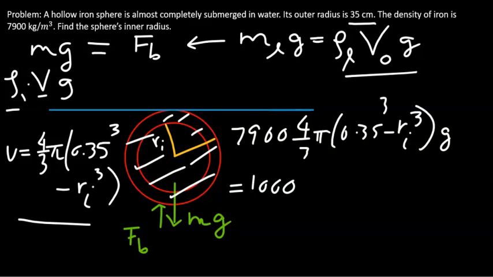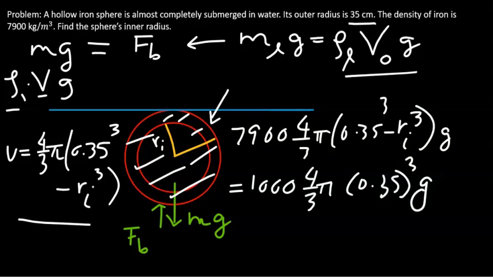V naught is the volume of that sphere as defined by the outer radius, so that is 4/3 pi 0.35 cubed times the gravitational acceleration.